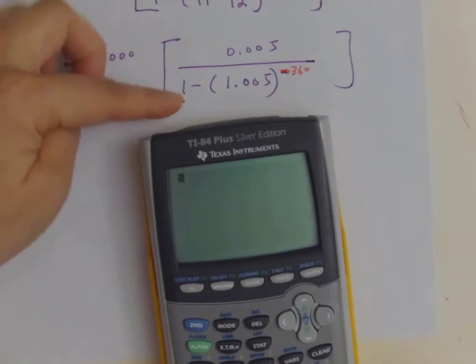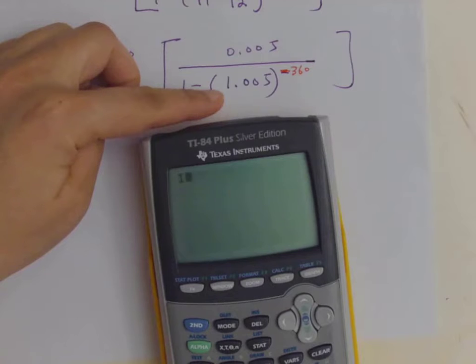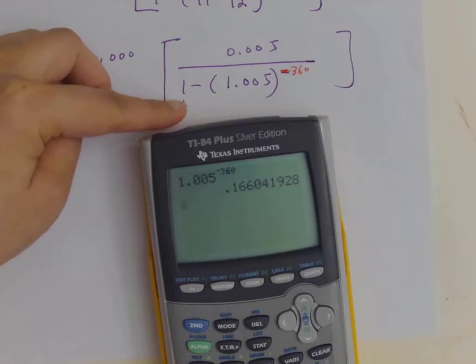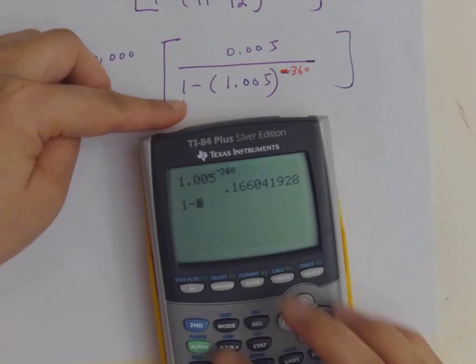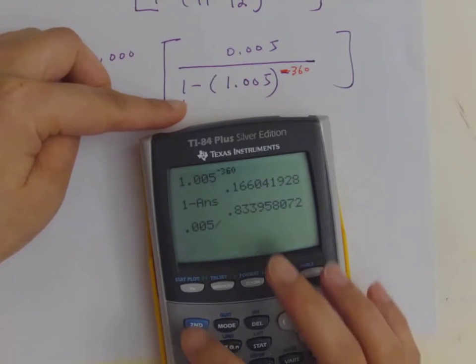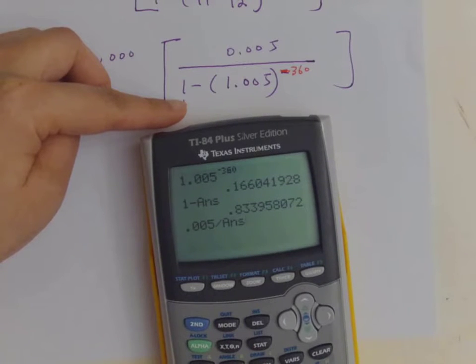I'm going to do the bottom part first. So I have 1.005 raised to, using the negative sign, 360. Enter. Then I use 1 to subtract, picking up the answer with the second negative. That's the bottom part of the fraction. Then I take 0.005 divided by my previous answer, which is the bottom part.